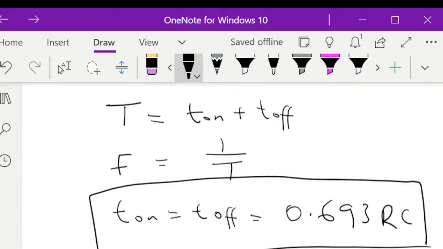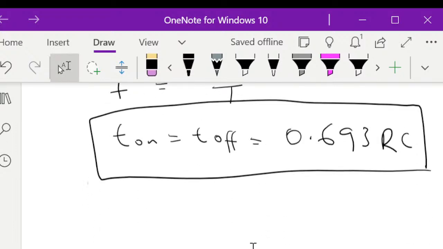Is an important value. Actually, it should be half that value.